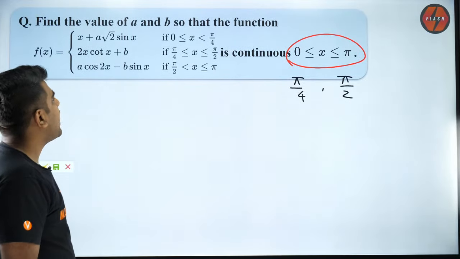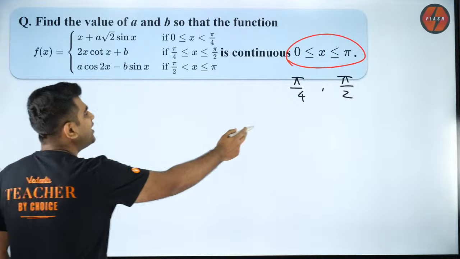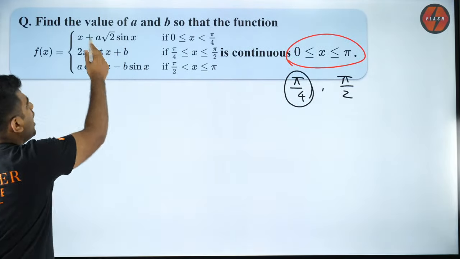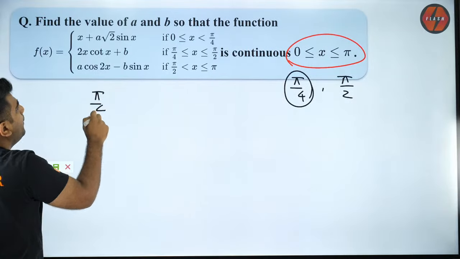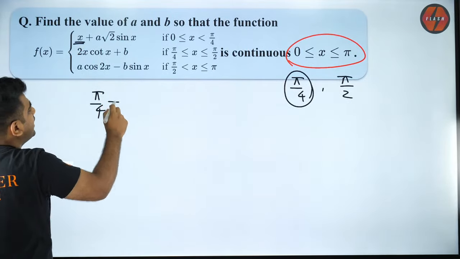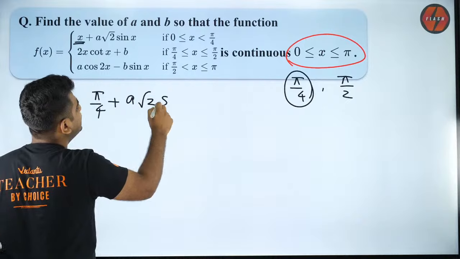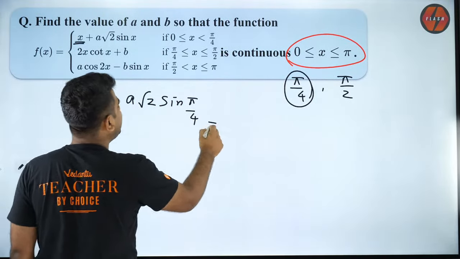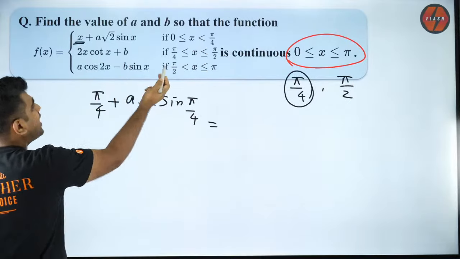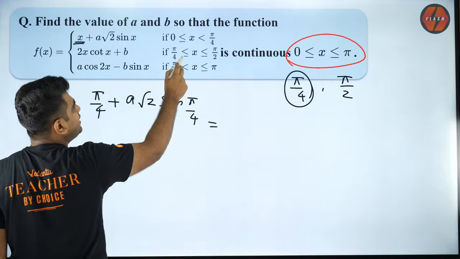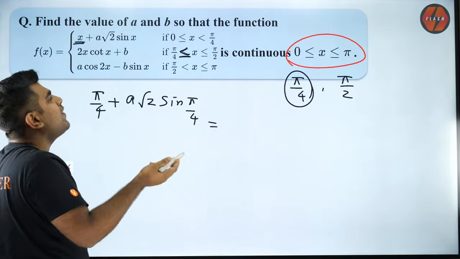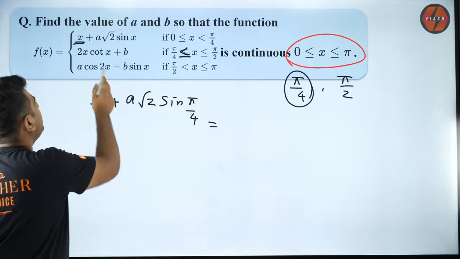So let's try to solve this question. Continuity at pi by 4 means your left hand limit, which will be pi by 4 plus a root 2 sine of pi by 4. That is my left hand limit, and that should be equal to my right hand limit and functional value. Since equality is with the right hand side, the functional value and the right hand limit will be the same.